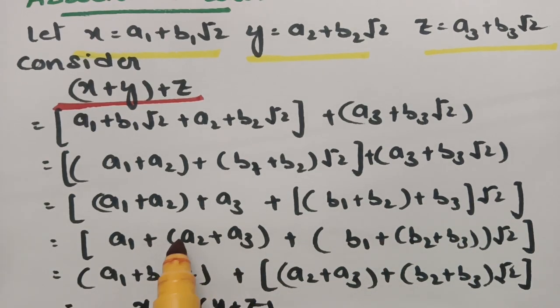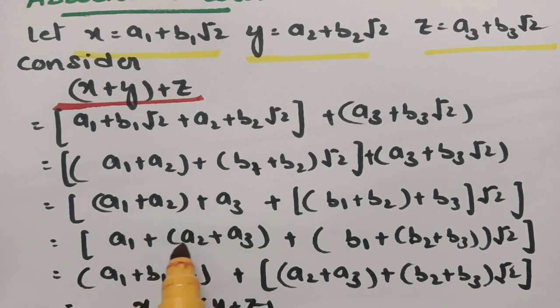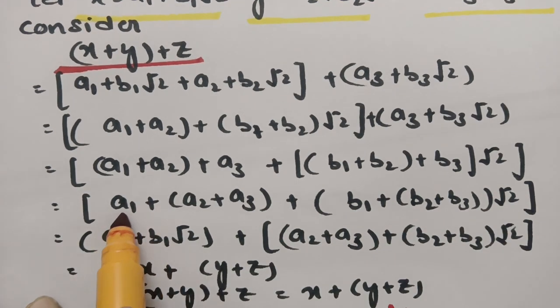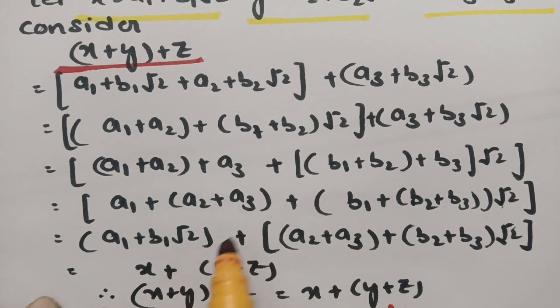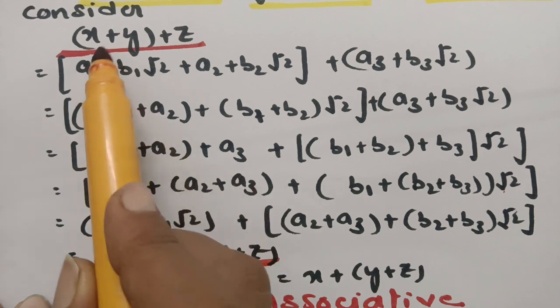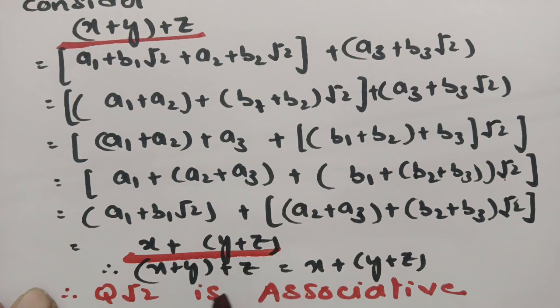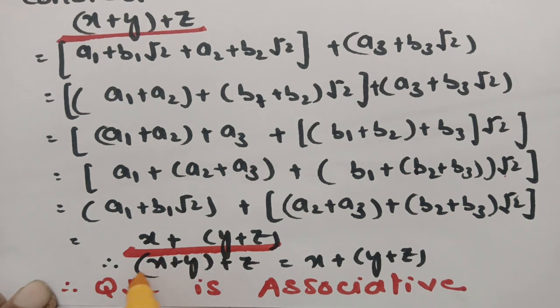As these are rational numbers, rational numbers satisfy the associative law. I have interchanged the brackets here, and therefore this can be written as A1 plus B1 root 2 on one side, and A2 plus A3 plus B2 plus B3 root 2 on the other side. So this can be written as X plus Y plus Z. Therefore, X plus Y plus Z is equal to X plus Y plus Z, which is nothing but the associative law.